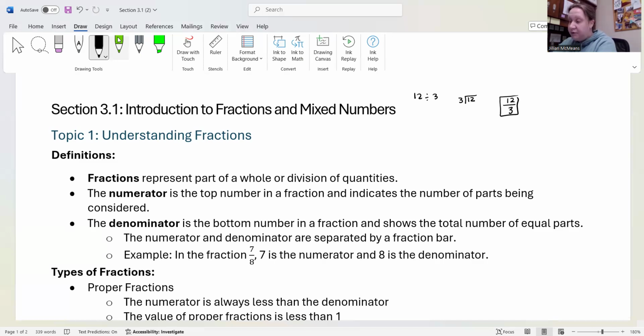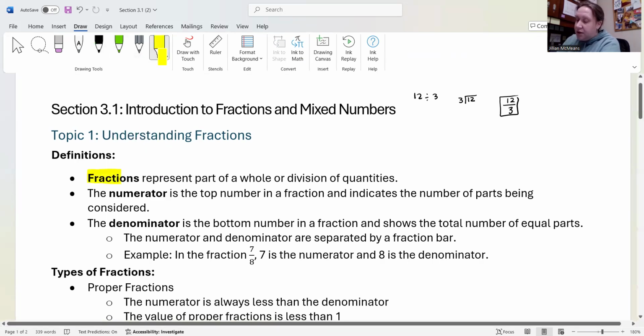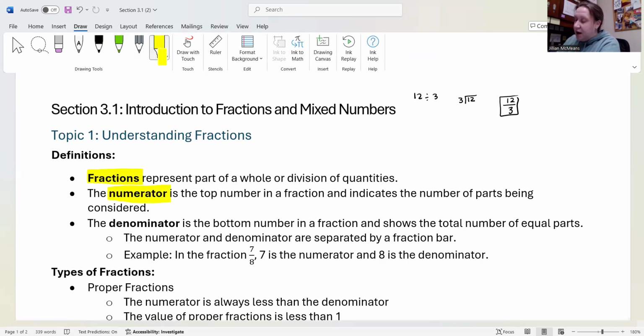Now, when it comes to a fraction, there are two distinct parts. There's a top number and there's a bottom number. The numerator is the top number in the fraction and indicates the number of parts being considered. So let's go ahead and start highlighting a few things. So we know what a fraction is, and now we know that the numerator is the top number.